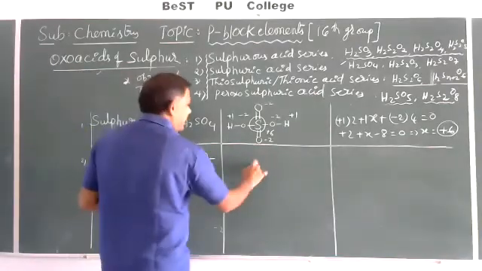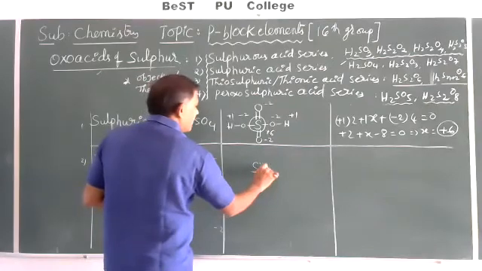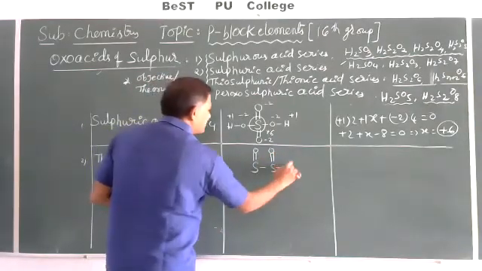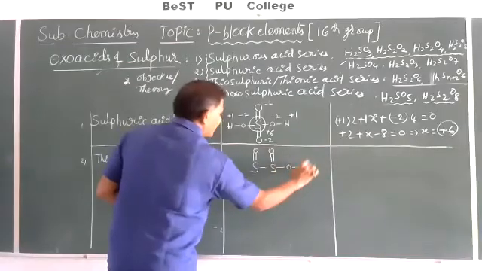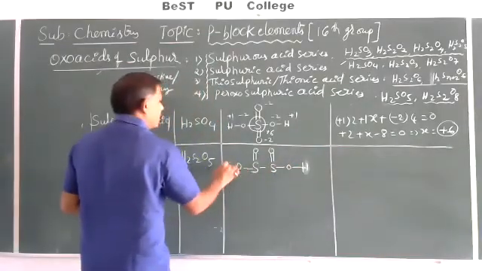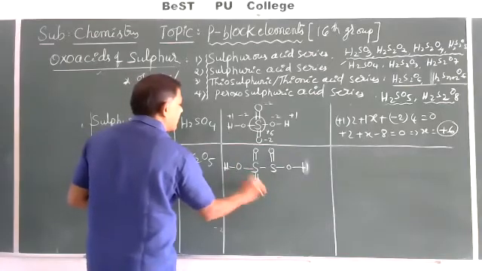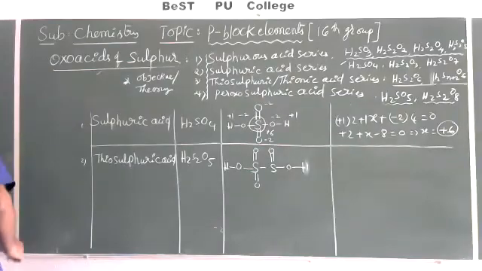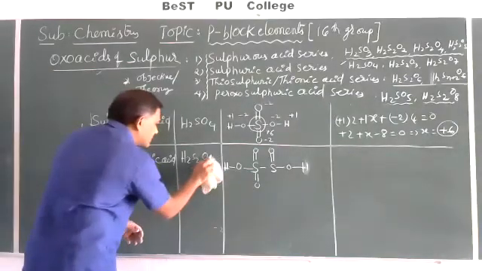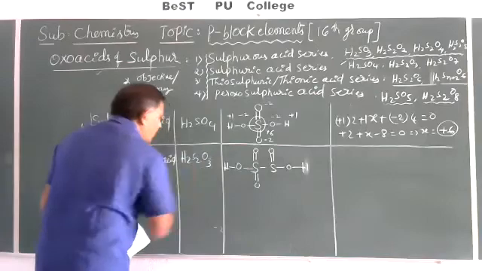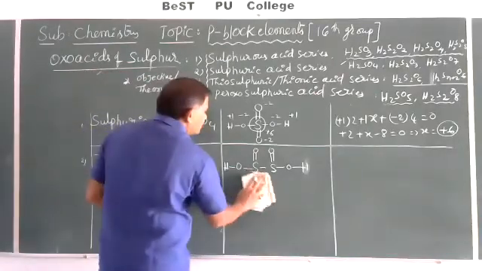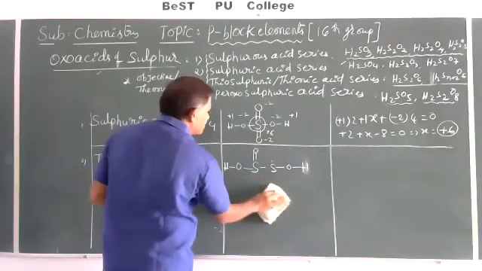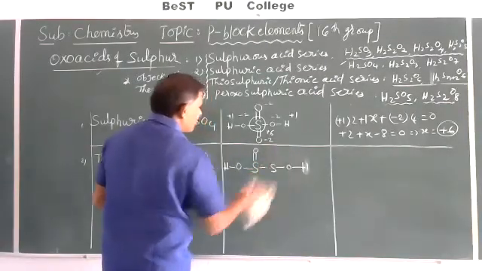Now we can take it like this: S, S, the thio group is present here, OH, and here a double bond O. This is the O3 group.